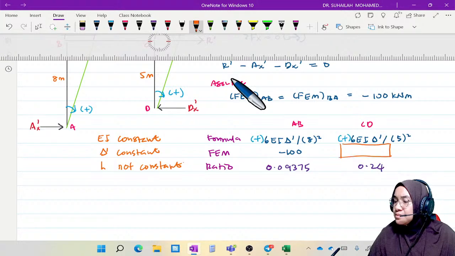Now we will calculate this value. I name it as X. What is the X value?